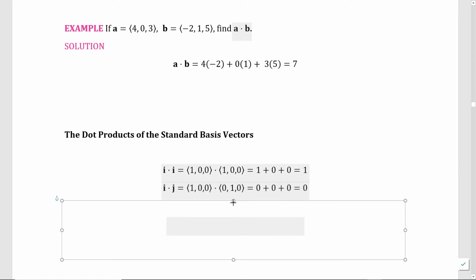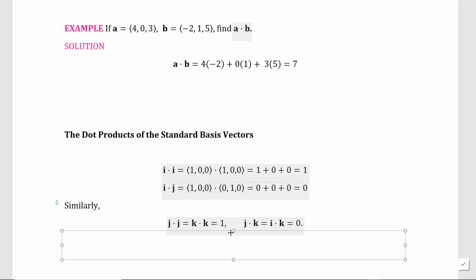In a similar fashion, we can also show that i dot j is 0, and the rest: j dot j is 1, k dot k is also 1, but j dot k and i dot k are zeros. So if we multiply a standard basis vector by itself, we get 1. If we multiply two different standard basis vectors, we get 0.